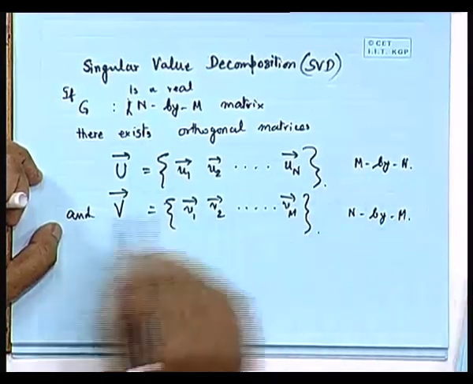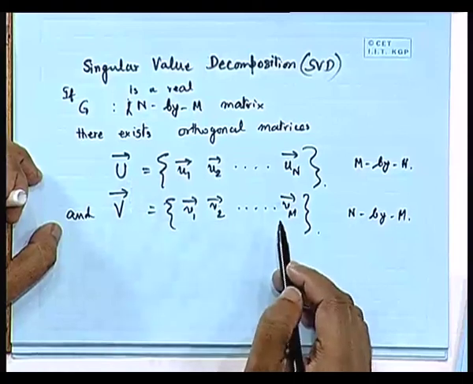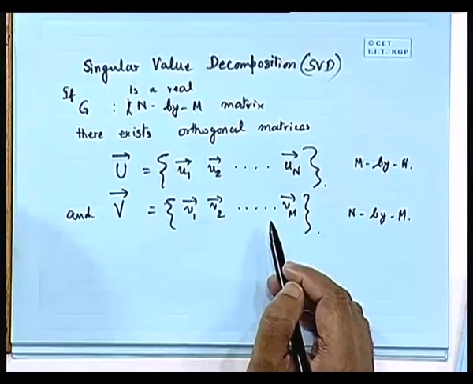Why are we saying this U matrix and V matrix are orthogonal?